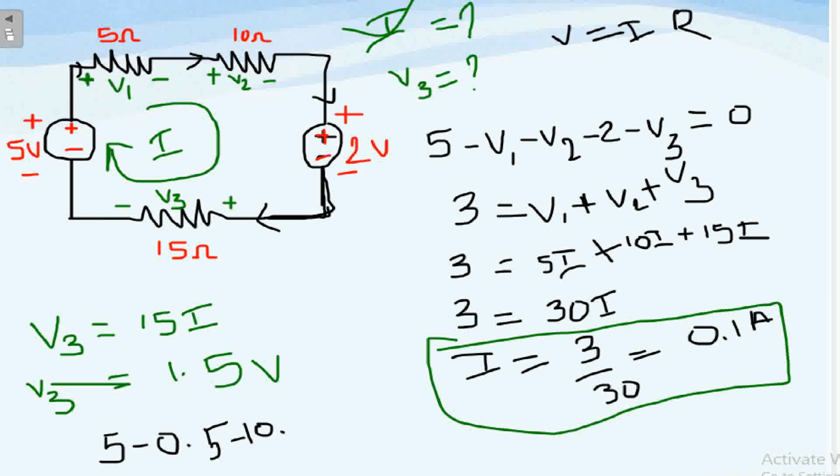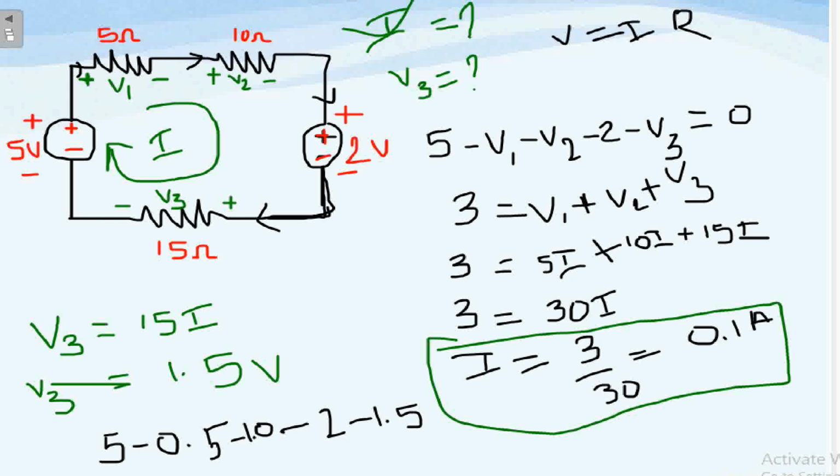10 into 0.1 is 1. Next here it is minus 2. Minus V3, what is V3? V3 is 1.5. So 1.5 plus 0.5 is equal to 2, and this is 3, and here 3 plus 2 is 5.